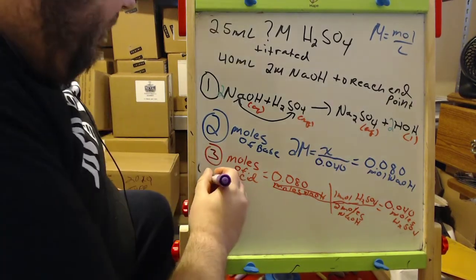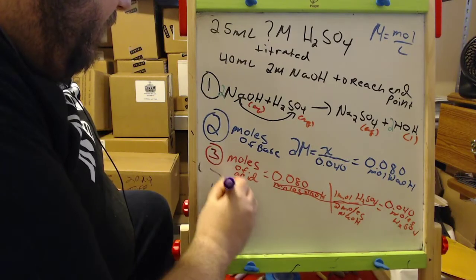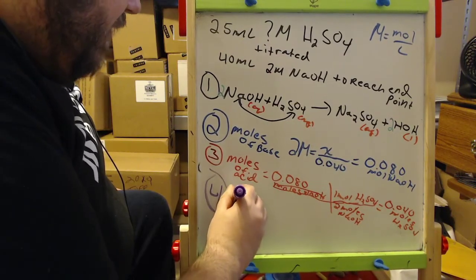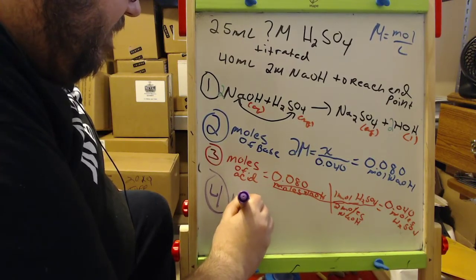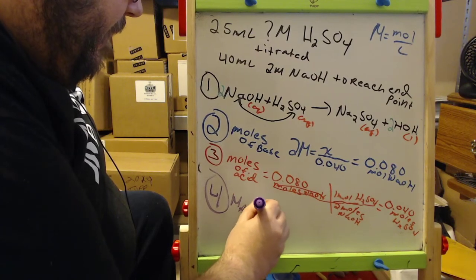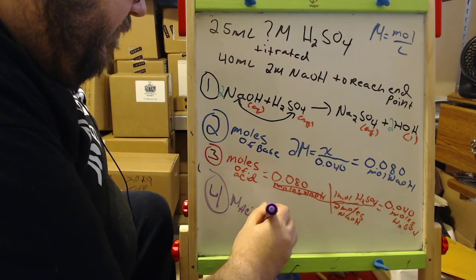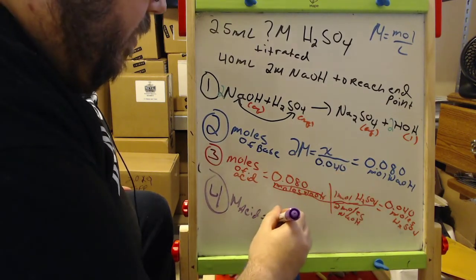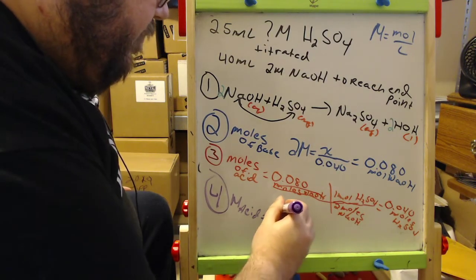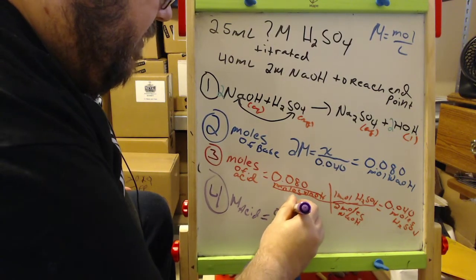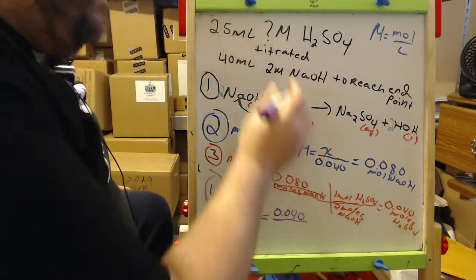All right, then step 4 is to find your concentration of the acid. I know the moles. I just calculated them. 0.040. I know the volume.